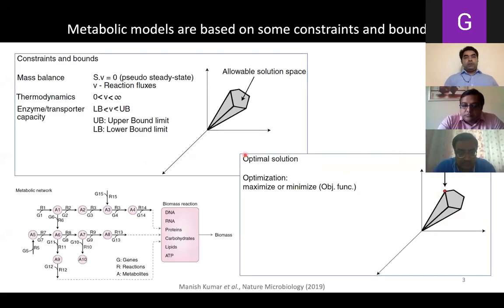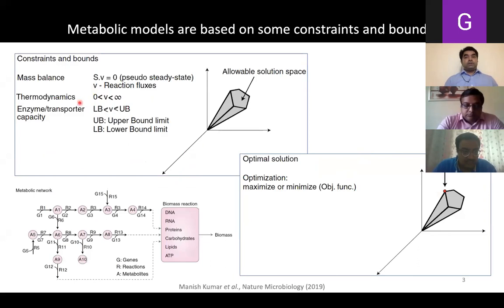So moreover, these models are based on some constraints and boundaries, as the whole system should be mass balanced at steady state. Each reaction should be thermodynamically feasible, which defines the direction of each reaction.